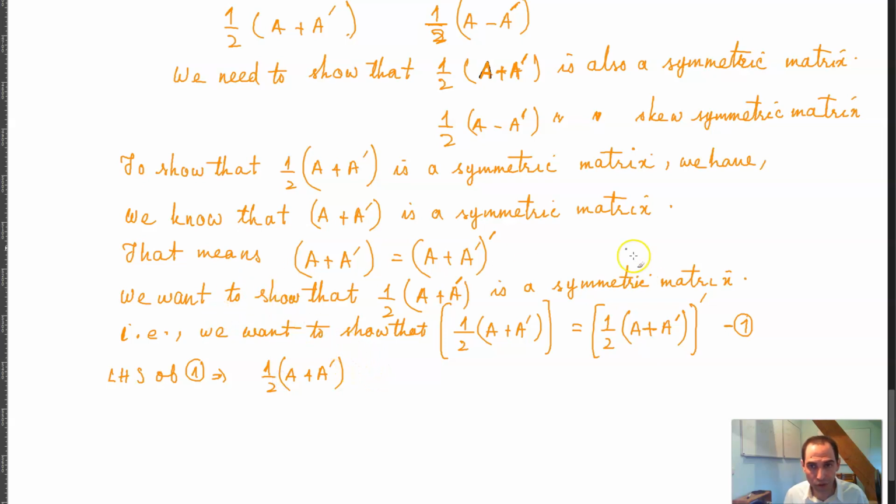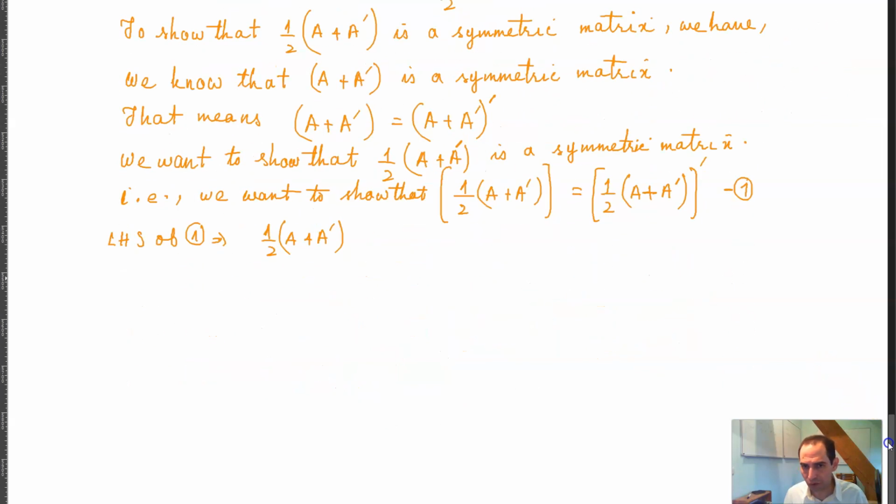Also, something that we know is that we have already proved that for any matrix A, K times A whole prime is equal to K times A prime, meaning that if there is a scalar that you have multiplied by a matrix, and you take the transpose of the whole matrix, then you can take that K out, right?